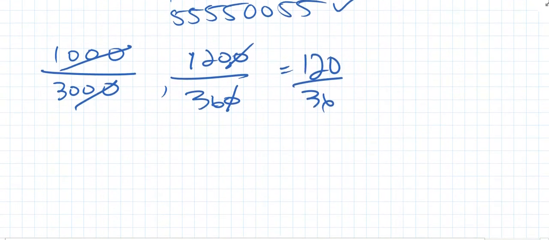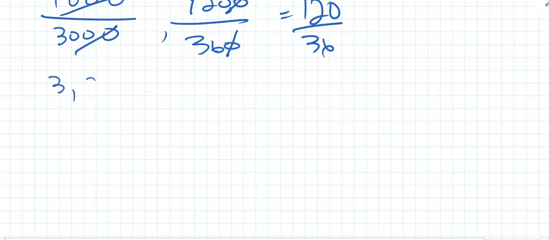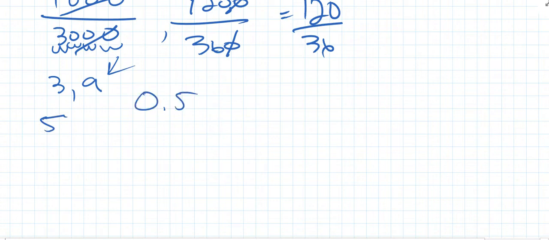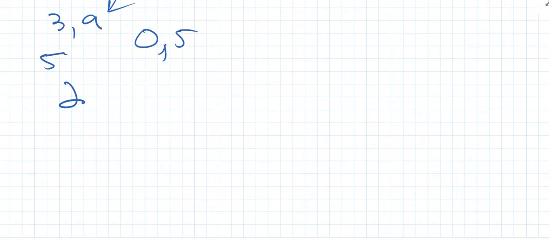To find out if something is divisible by 3 or 9, simply add the digits, and if you get something that's divisible by 3 or 9, then it works. And to find out if it's divisible by 5, it has to end in 0 or 5. Now, we all know if it's divisible by 2, because it ends in an even number. Anything that ends in an even number is divisible by 2.